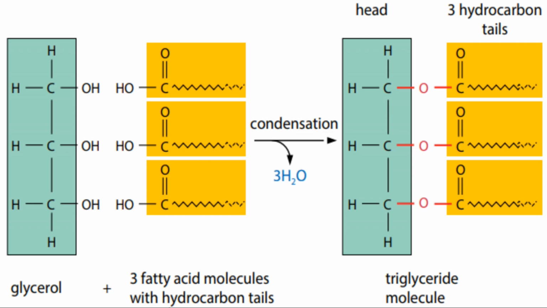Now, the formation of this is called a condensation reaction, for triglyceride. So this is glycerol. You can see it has 3 OH, 1, 2, 3. And then it's combining with 3 fatty acids, 1, 2, 3. For each one, this hydrogen here forms water with the OH here.